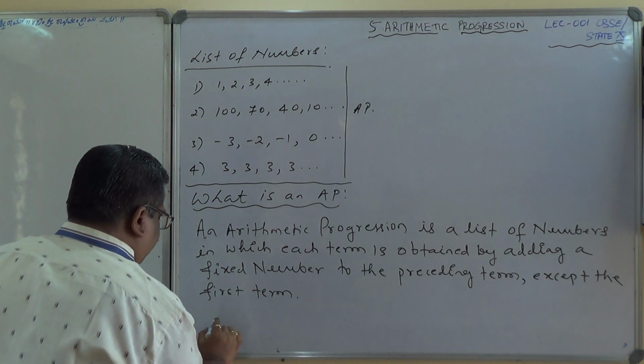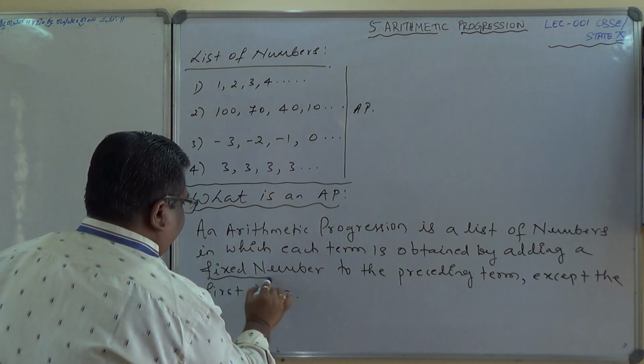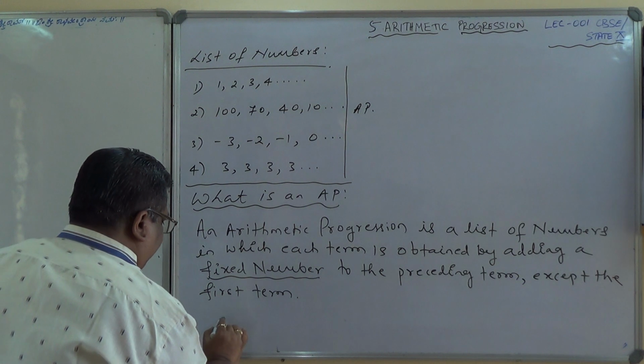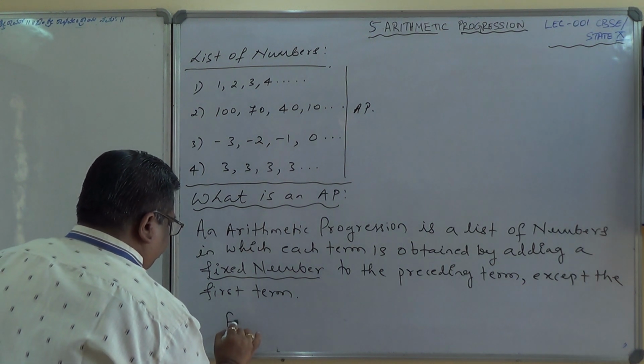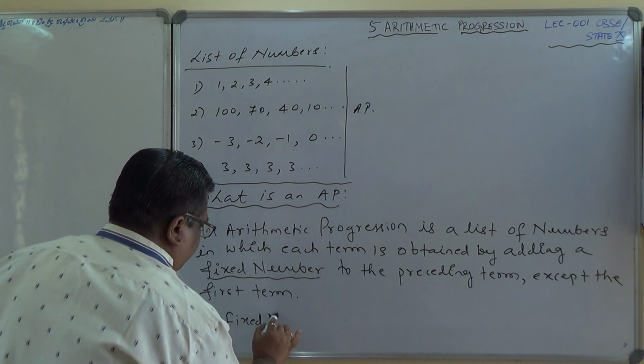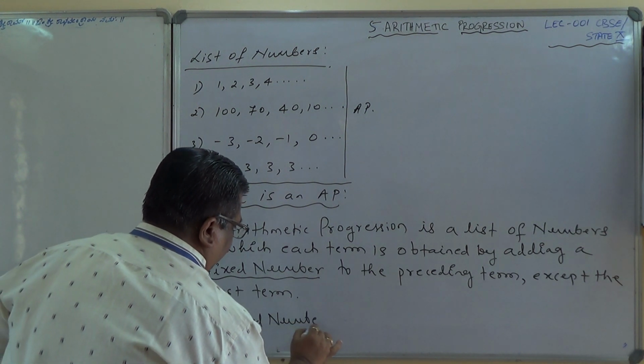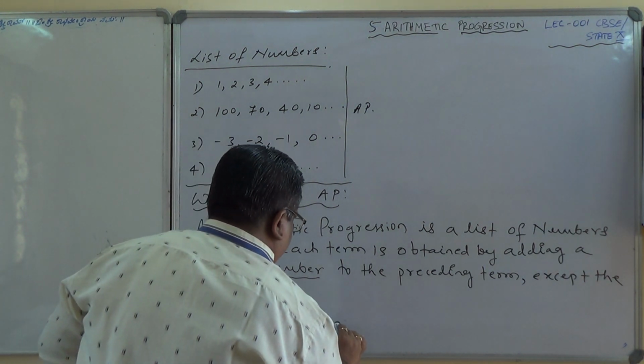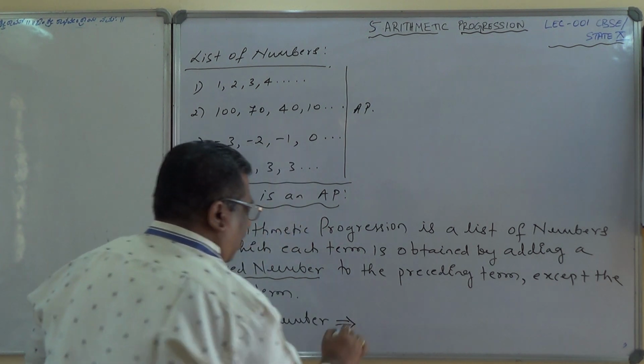And this fixed number is called the common difference.